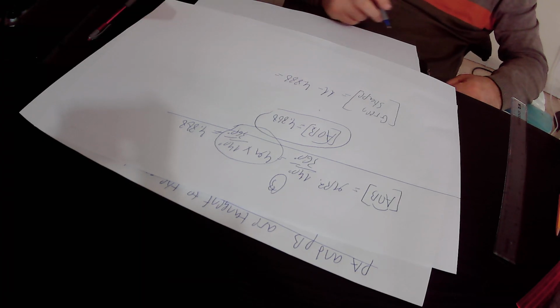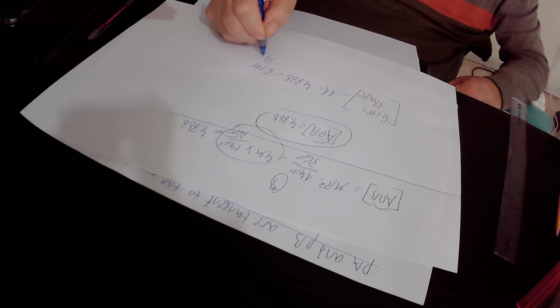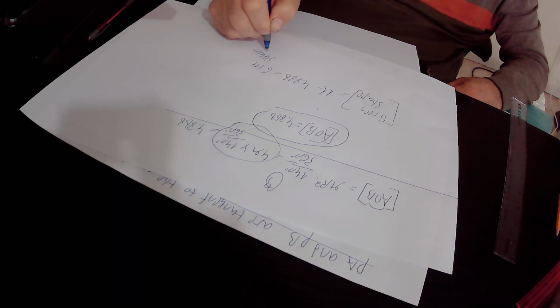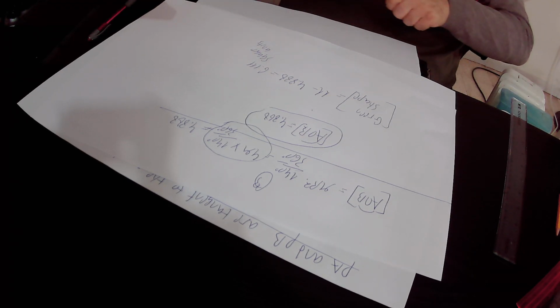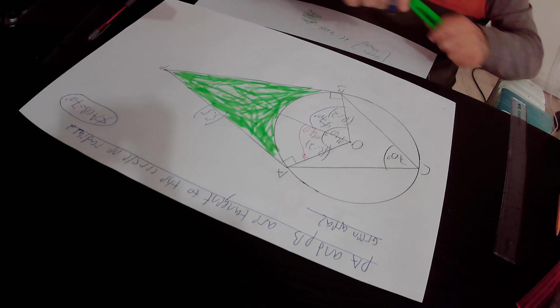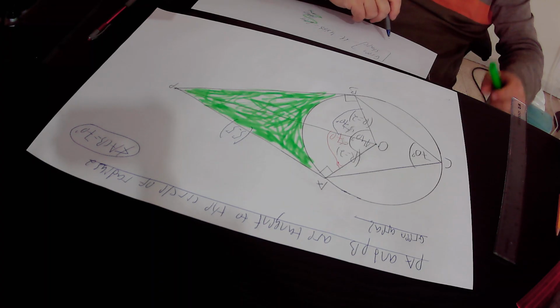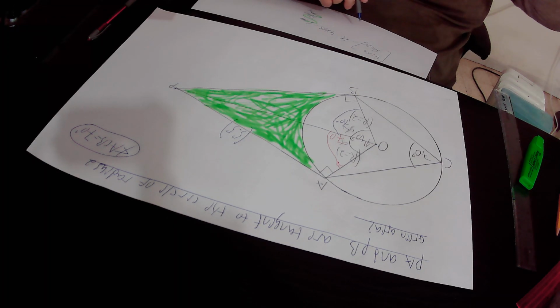So 11 minus 4.888 is 6.111 square units. So in conclusion, the area of this green shape is equal to 6.111 square units. And that is the answer to the question.